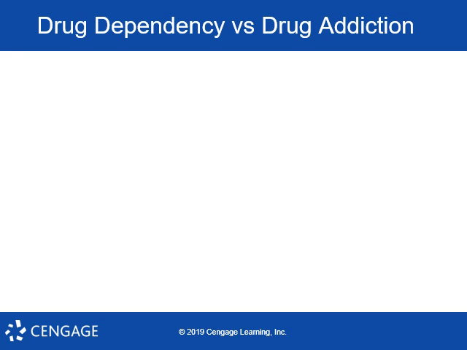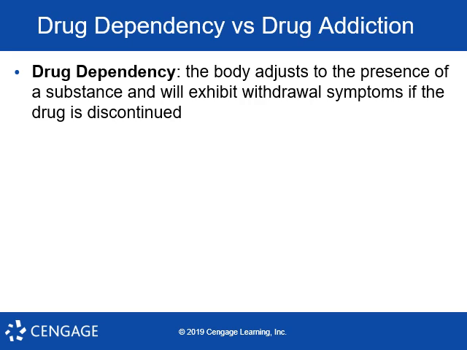Let's talk a little bit about the terms drug dependency versus drug addiction. This course is called Addictions and Dependencies, and a lot of times we use those terms interchangeably, but there is somewhat of a difference. Drug dependency refers to the body adjusting to the presence of a substance and exhibiting withdrawal symptoms if the drug is discontinued.